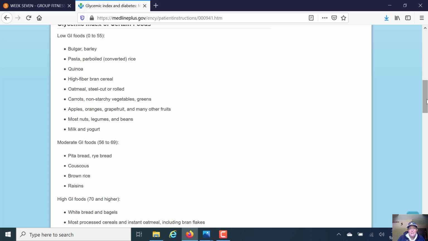But note, not every food that is rated low glycemic index is necessarily healthy. There are foods out there rated as low glycemic index that maybe don't have any vitamins or minerals in them, for example, and thus are not a very healthy food choice, even though they might be rated as a low glycemic index type of carbohydrate.